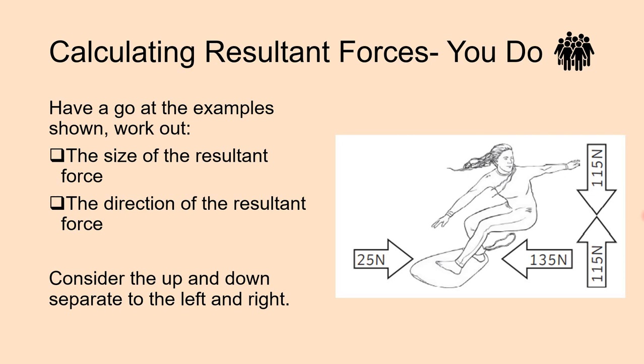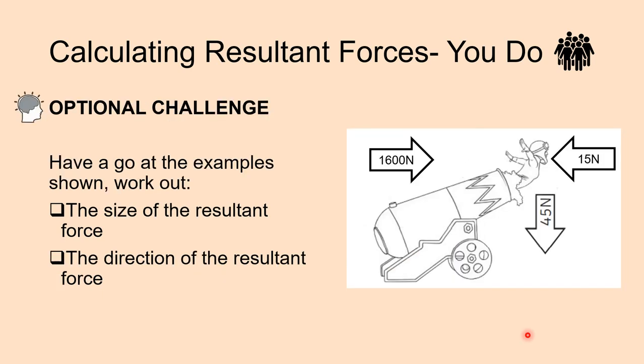Make sure you consider up and down separate to left and right. So consider these two arrows, then consider these two arrows. There is an optional challenge question if you're feeling really brave. Have a go at this question, and again, do these arrows first and then consider this arrow.